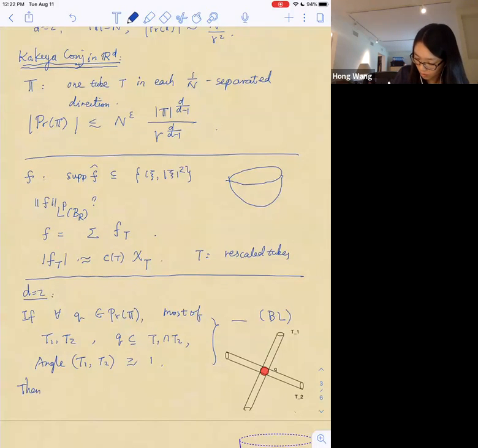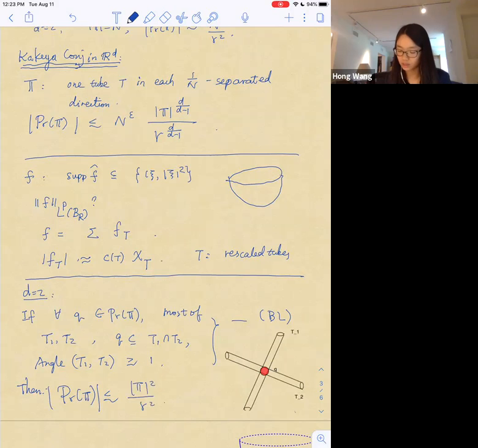Then in dimension 2, we can show that the number of average balls is bounded by t squared divided by r squared. This estimate is actually easy to show because when the intersecting tubes intersect, they intersect at an angle larger than 1. So morally speaking, 2 tubes intersect at roughly only 1 unit ball.